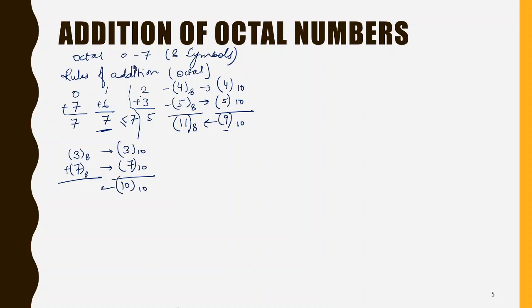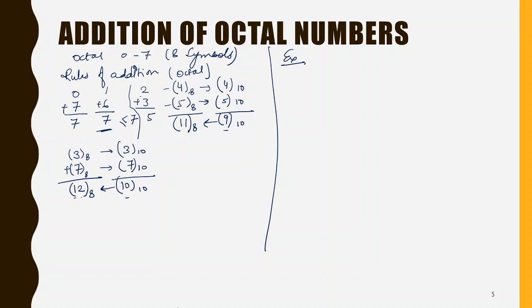But 10 in decimal will be written as 8 and 2, so this is for 8, and this is for 2, 8 plus 2 is 10. So 12 in octal is equivalent to 10 in decimal. So let us take some examples.